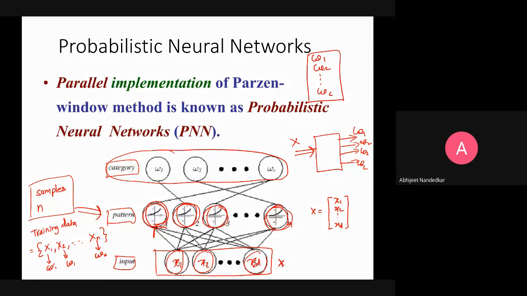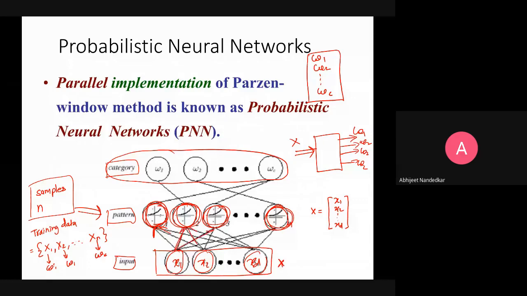X stands for input. You are provided n number of training samples, and each node here represents one training sample. Input nodes, that is x1 to xd, everybody is connected to each node here.